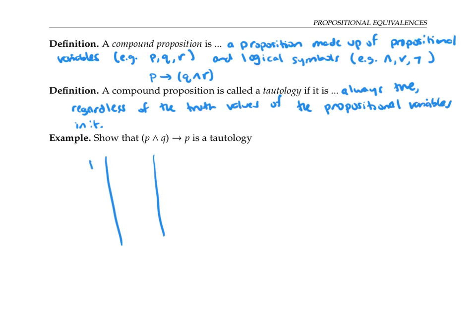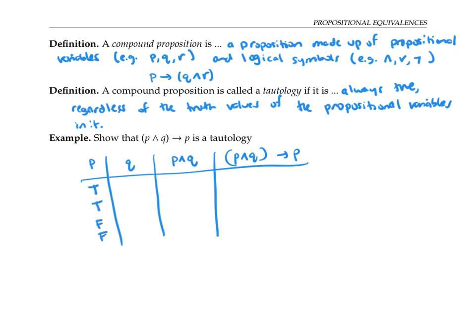I'll make a column for P, a column for Q, a column for P and Q, and finally a column for P and Q implies P. P can be true or false, Q can be true or false.